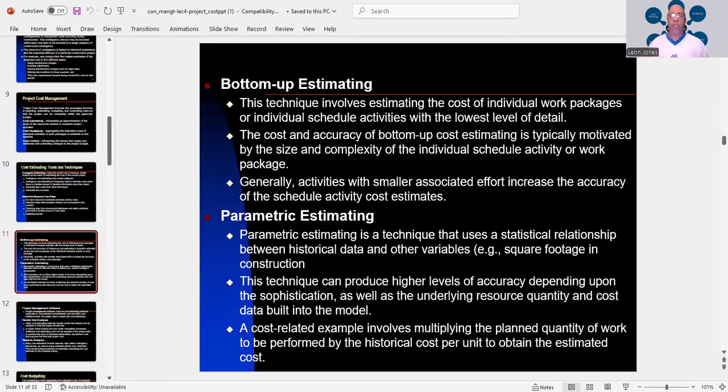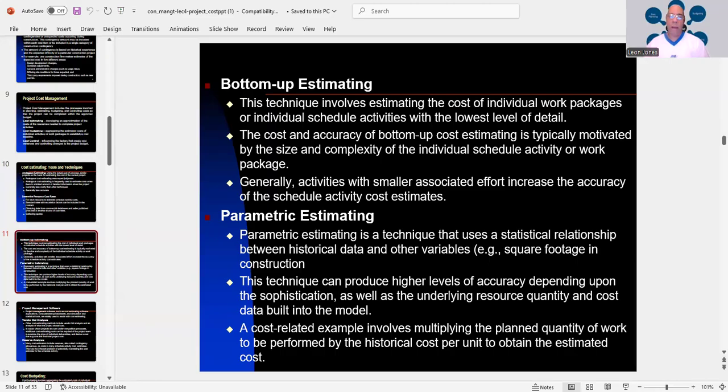Generally, activities with smaller associated effort increase the accuracy of the schedule activity cost estimates.